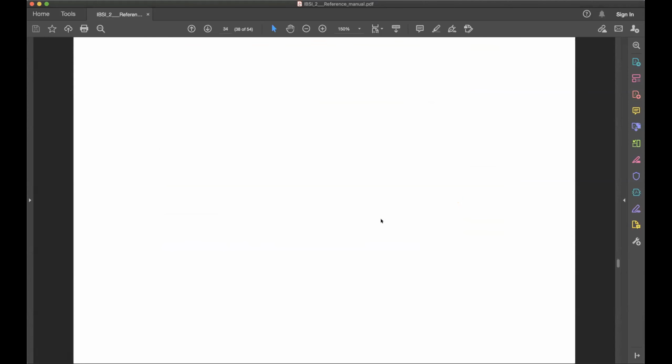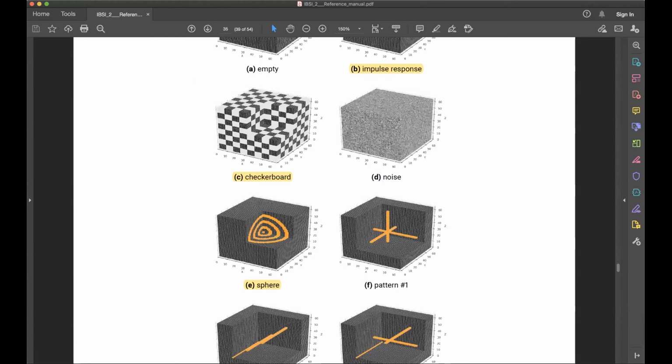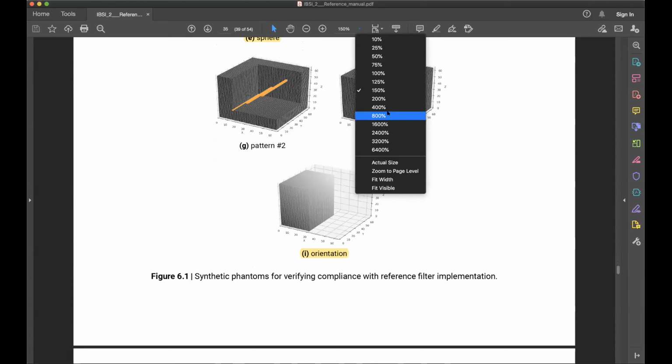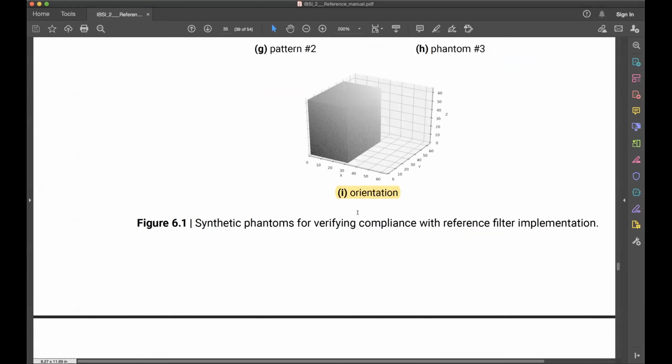We created this phantom to make sure that, when we apply a given filter in the different tests, for example in the x, y and z directions for separable filters, what you think is the x direction is really the x direction as we have defined it in our phantoms.